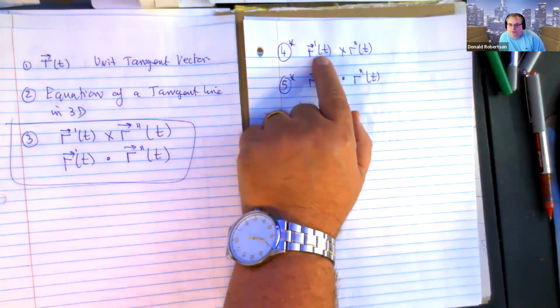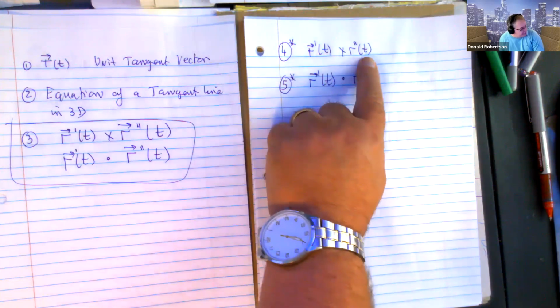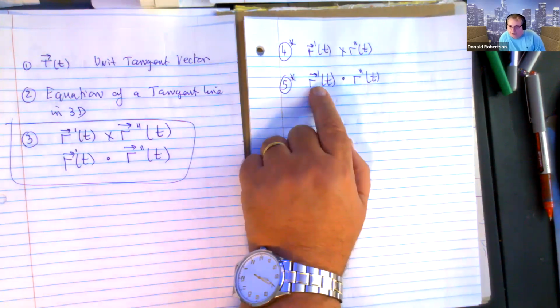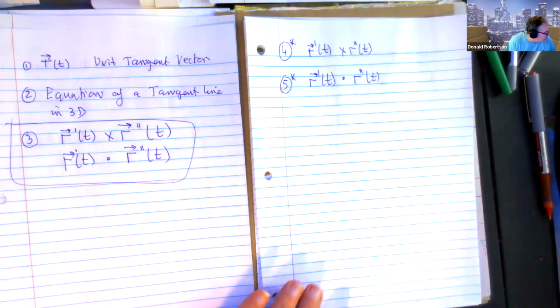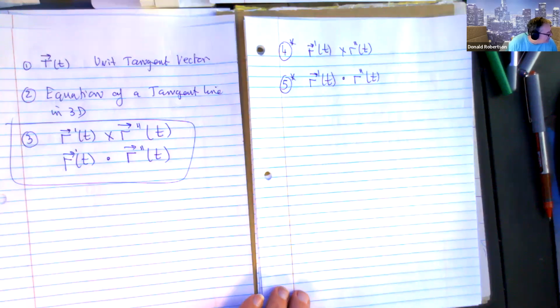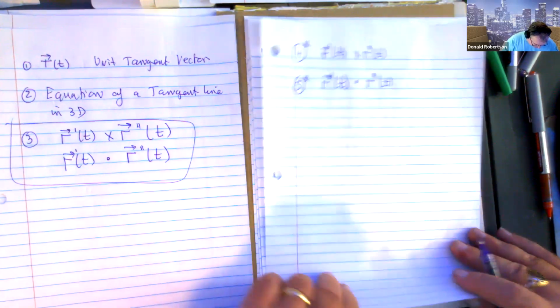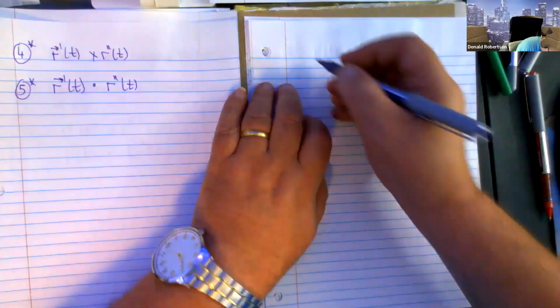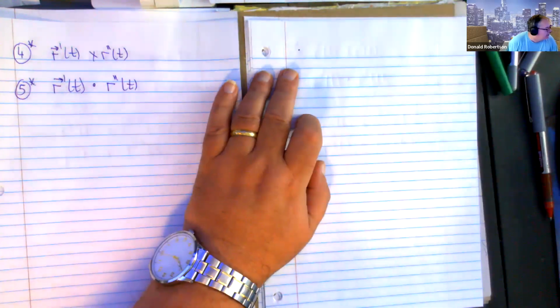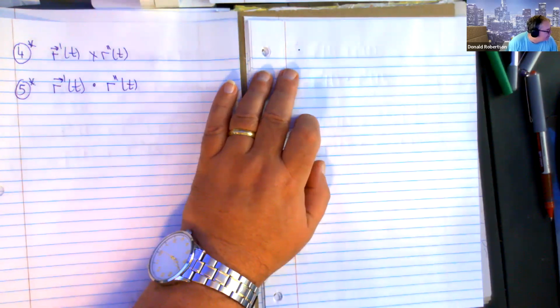Basically, that's the cross product of a first and second derivative, and this is a dot product of the first and second derivative. So you get one example of this, one example of that. The questions are varied enough that it won't matter.